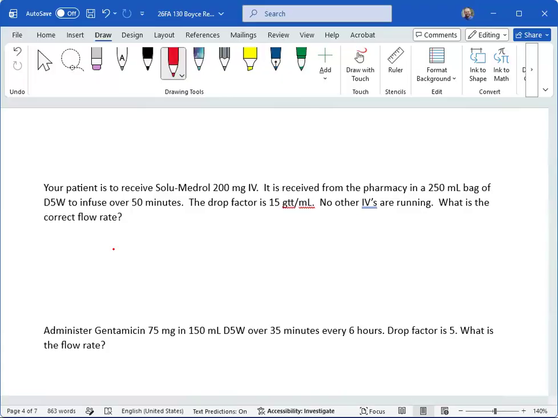What is commonly missed on this question is students try to incorporate that 200 milligrams. Again, when we're talking about flow rates, we don't care about milligrams. All I care about is the 250 mL, the 50 minutes, and then the drop factor.